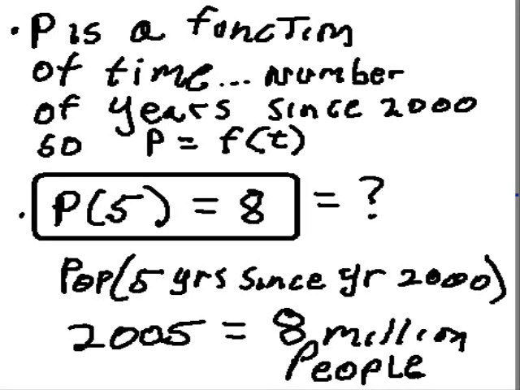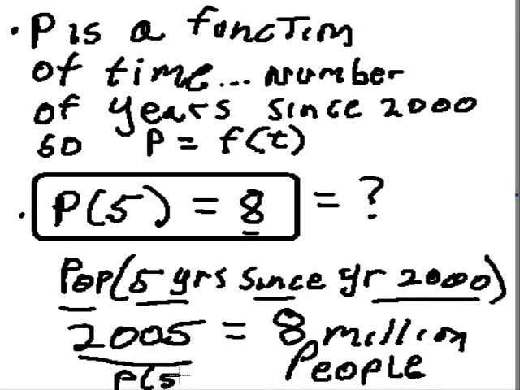I'll write PEOPLE. So P is a function of time, the number of years since 2000. So P equals f of t. P of 5 equals 8 is saying what? The population 5 years since year 2000, that means 2005, is 8. That means 8 million people.